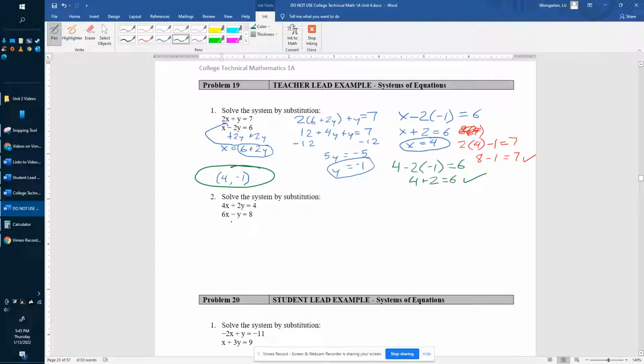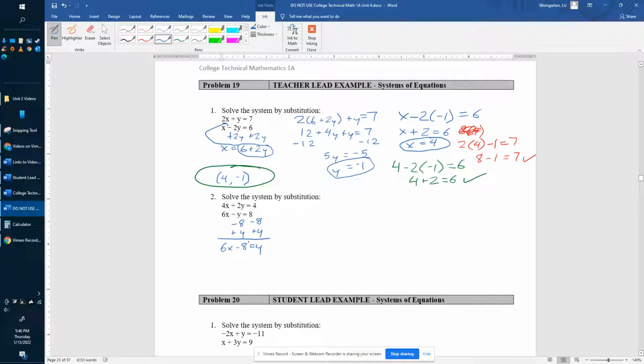Let's try it for the next one. For this next one, I think y is probably going to be easiest to solve for. So what I'm going to do is subtract 8 from both sides and add y to both sides. So our new equation is going to be 6x minus 8 equals y.